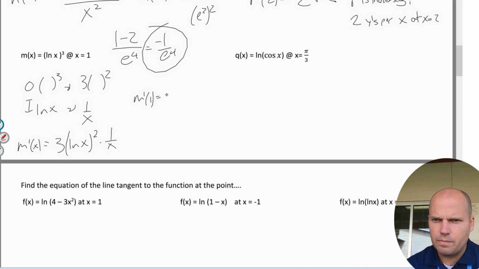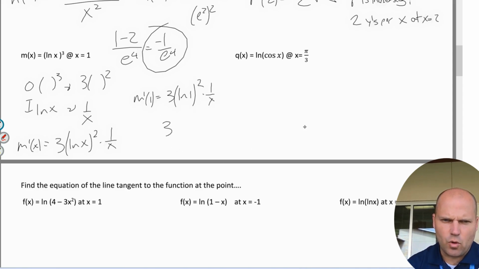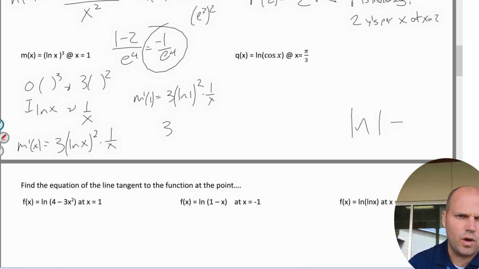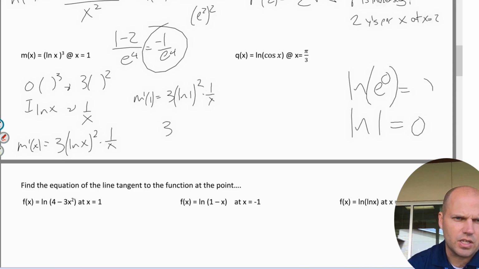But if you plug in 1, you get 3 natural log of 1 squared times 1 over 1. Team, the natural log of 1 is 0. This is something you are required to know and understand, that the natural log of 1 is 0. Why is that? Because the natural log of e to the 0 would be 0, and e to the 0 is just 1. So remember that.